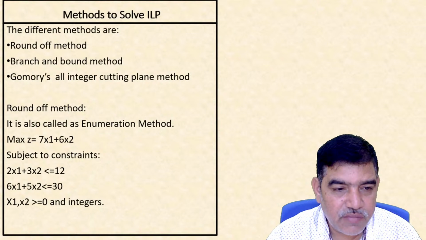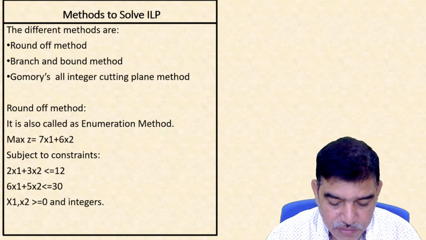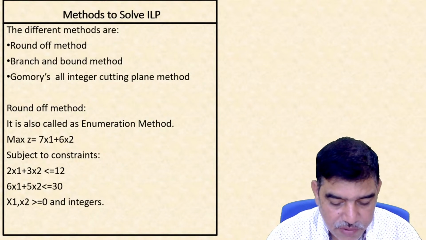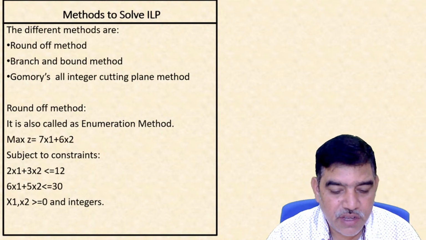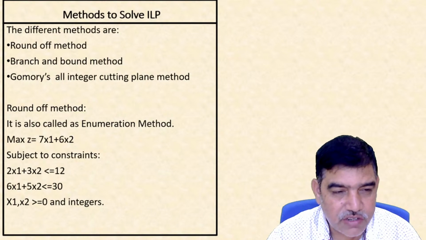Generate the cutting plane. Then the next step is you add the cutting plane to the bottom of the optimal simplex table and find a new optimal solution using the dual simplex method. After this, you go back to the second step. If the second step is yes, then you get the current solution.